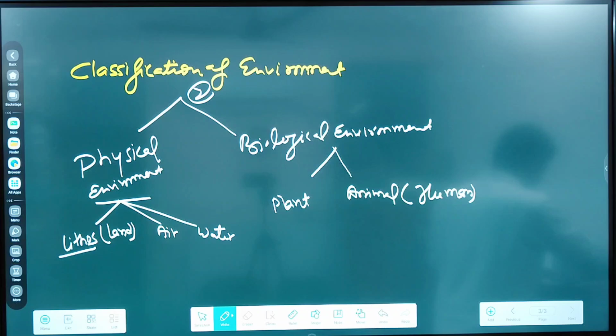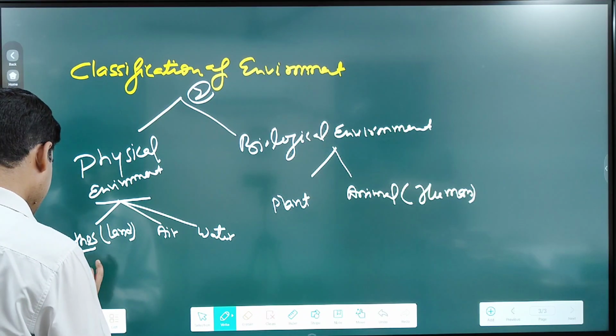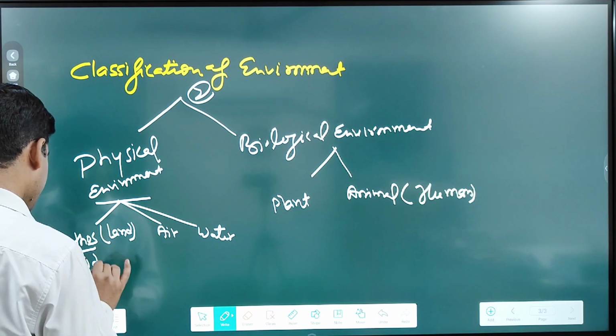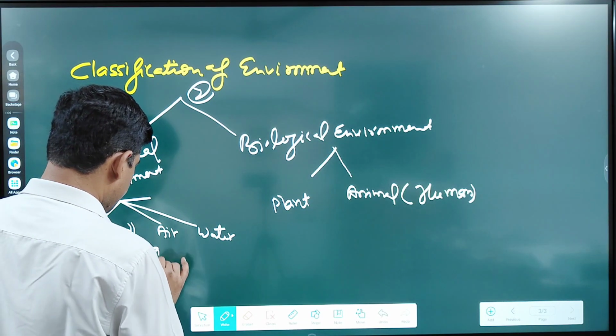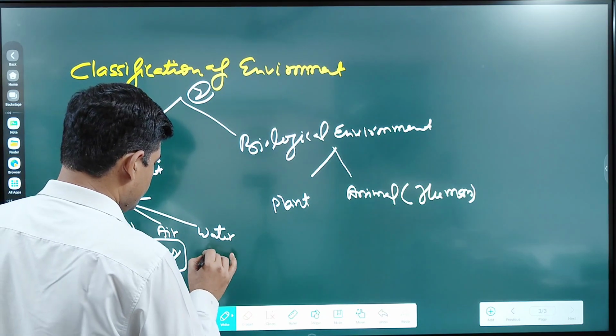Okay, physical environment on the basis of physical characteristics and state. The physical environment is subdivided into three broad categories: land, solid, water, liquid, and gas, air, gases. This is solid, this is gas, this is liquid.